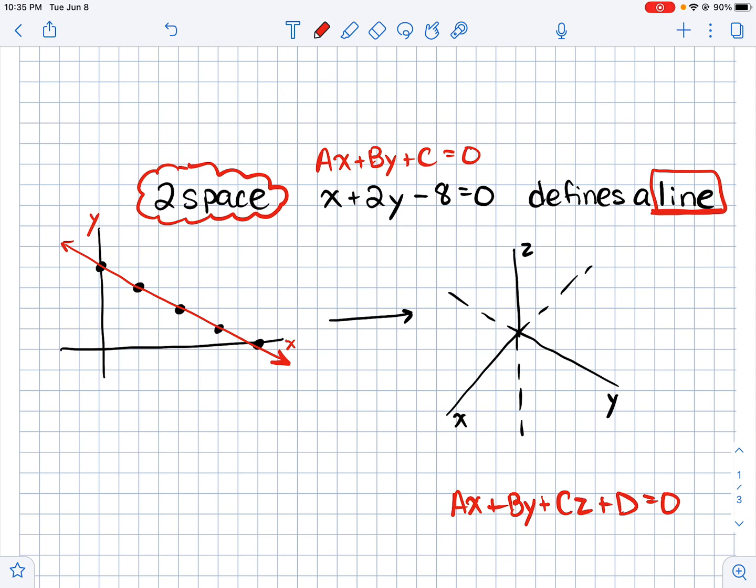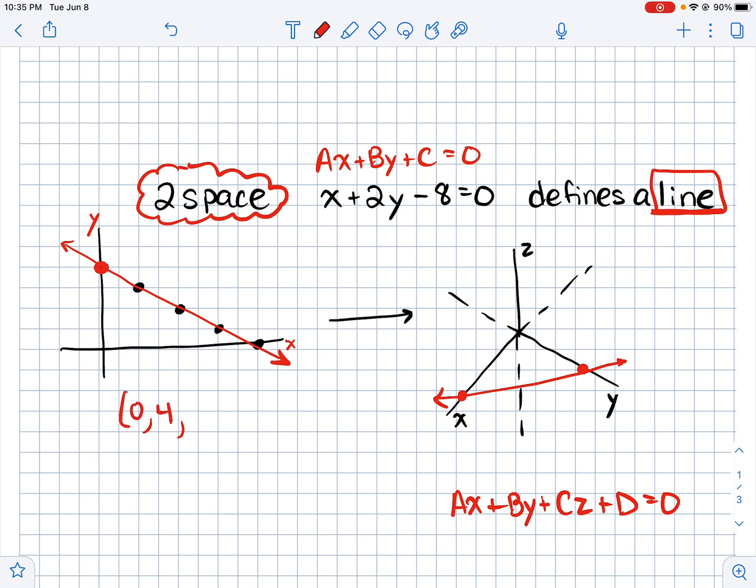Check out this line. If I were to graph this line in 3 space, just a rough sketch, something like this, that's my line. As soon as I start adding different z points, for example, this point right here is the point 0, 4.